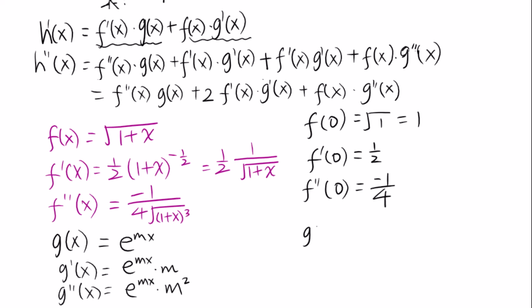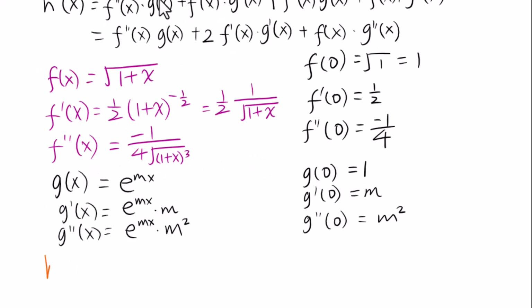For g of 0 equals 1, g prime of 0 equals m, g double prime of 0 equals m squared.